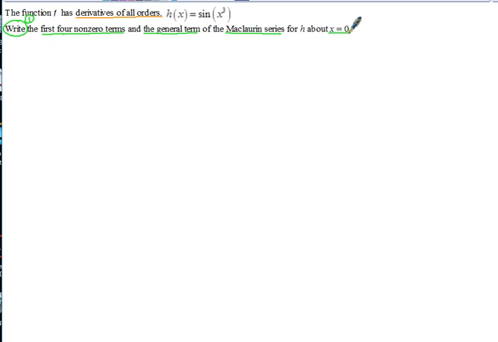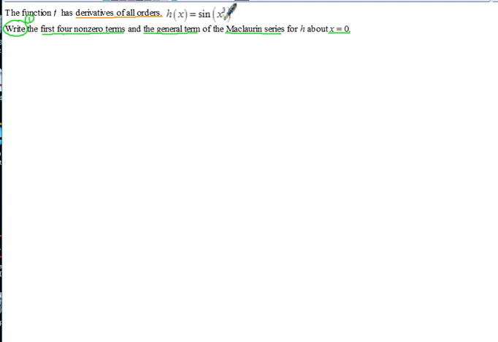So notice, if we didn't have sine of x memorized, this would be kind of a beast of a problem, because on the Maclaurin series pattern, we'd have the original function, and to get the first four non-zero terms, we'd have to at least take the derivative 3 times. H prime of x wouldn't be that bad.